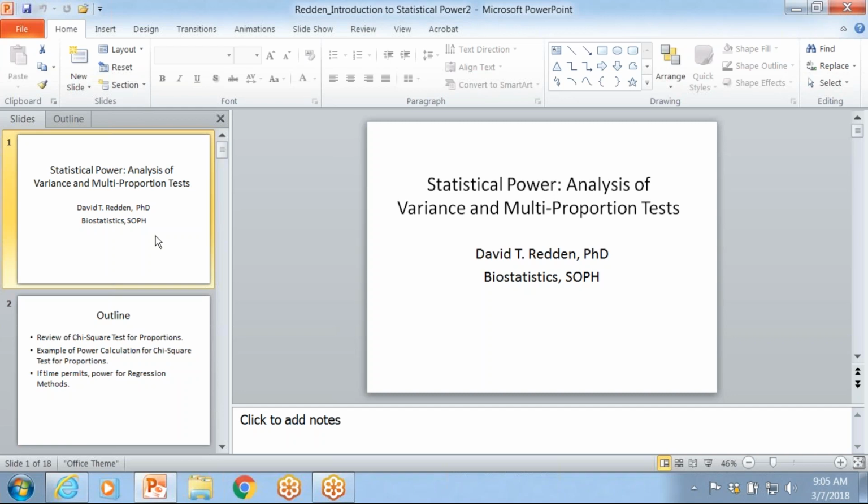When you're talking about power, you're assuming that both the sample sizes are the same. So in what situation would you want your sample sizes to be different? Rarely. 2 to 1 or 3 to 1. When we're doing that, you've got a belief for some reason that one drug may be more toxic than the other, and you want to avoid that, or you want to be able to provide a more precise estimate on one treatment. But the problem with that is it's always going to cost you money.